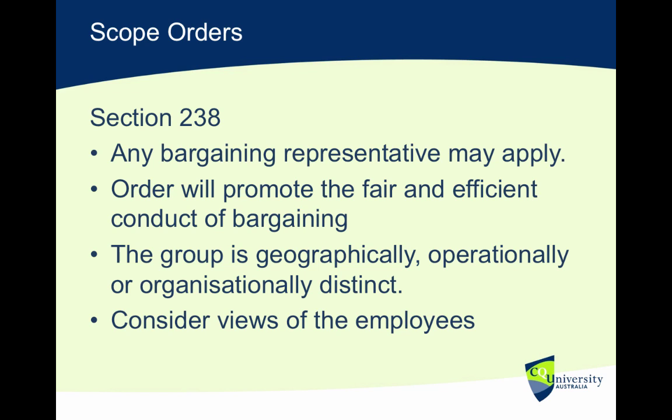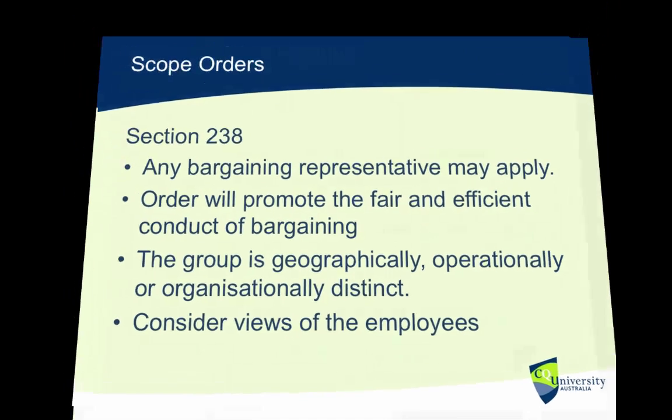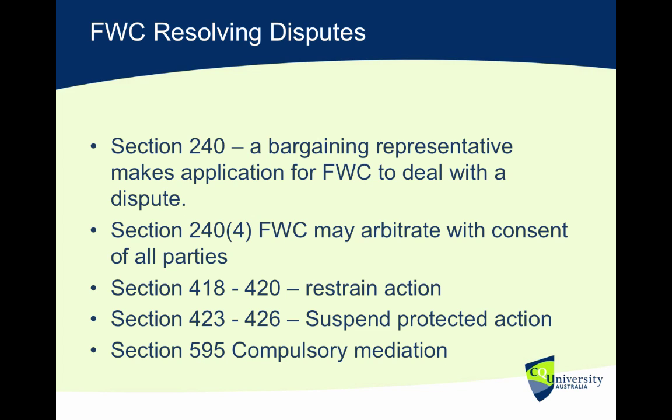So anyway, interesting point, but the key in that 238 for me, I think, is not only is it a fair representative order that meets that requirement of having some sort of geographic, operational, organisation tie, but also that it promotes fair and efficient conduct of bargaining. But have a look at the cases. They are at 821 in your textbook.